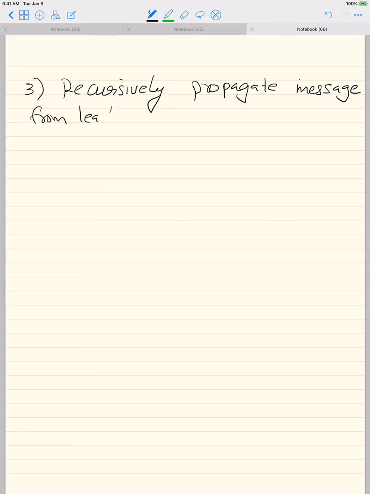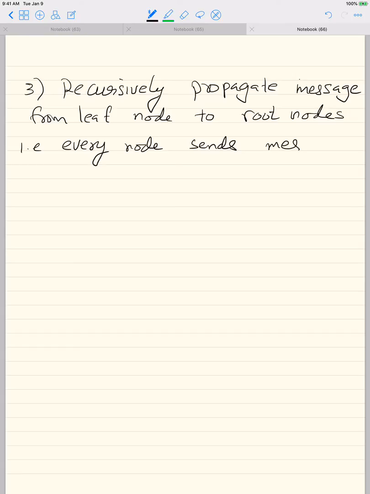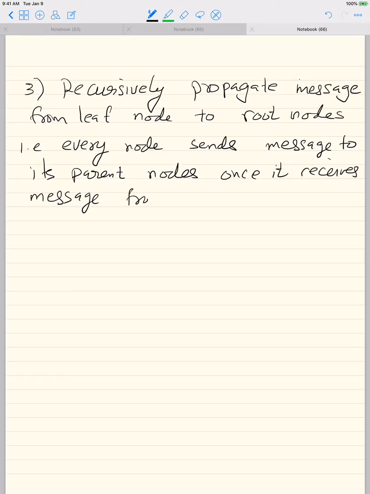And the next step is to recursively propagate the message from leaf nodes to the root node, that is, every node sends a message to its parent node once it receives messages from the children nodes.